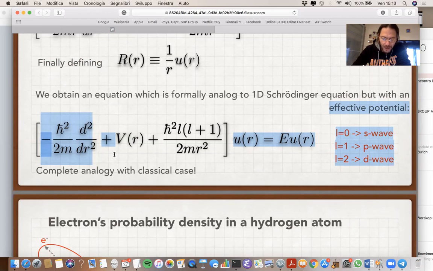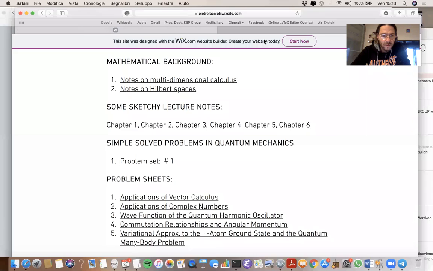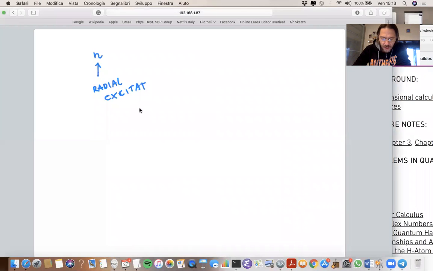We will have a quantum number n, which will tell me about the radial excitation, which are associated to the Schrödinger equation for the little u function.